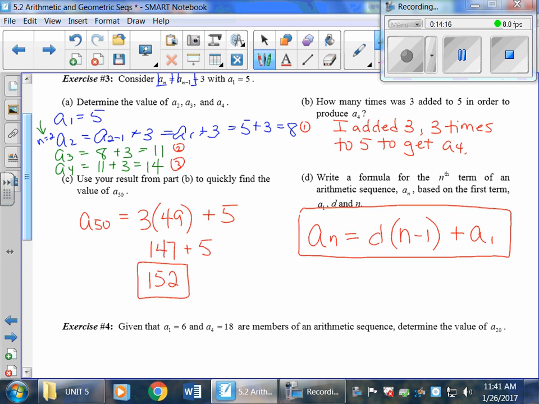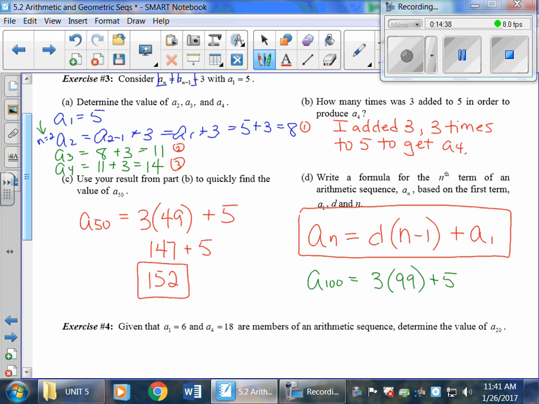And so just for a quick example, we found the 50th term over here on the left on C. What if you wanted to find the 100th term? If you wanted to find the 100th term, you would say the common difference is 3 times 99 plus 5. Okay? So that's just a way to do it. I'm not even going to do the math here.